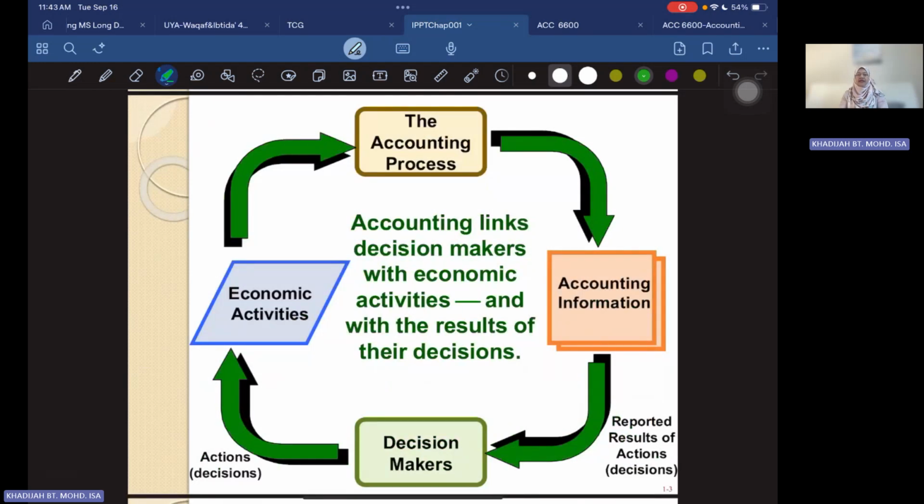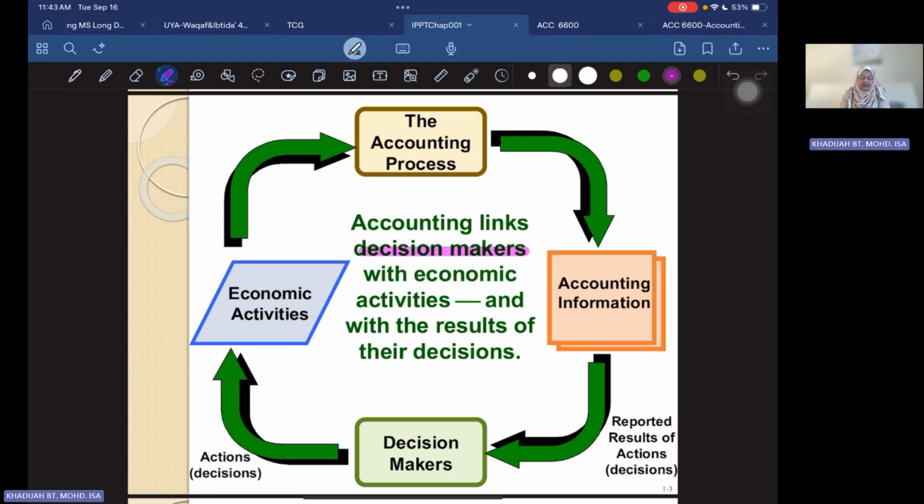So we'll see that accounting links decision makers with economic activities and with the results of their decisions. This is the cycle of what we call economic activities, where we have the accounting process.